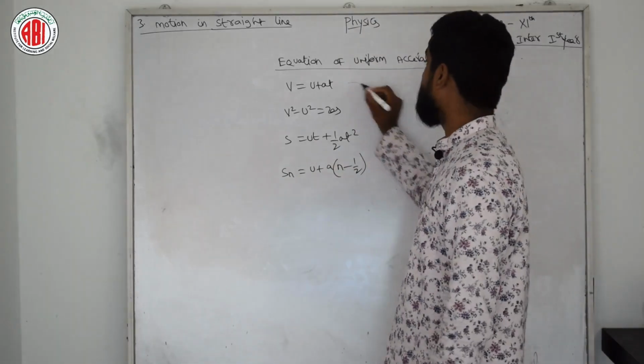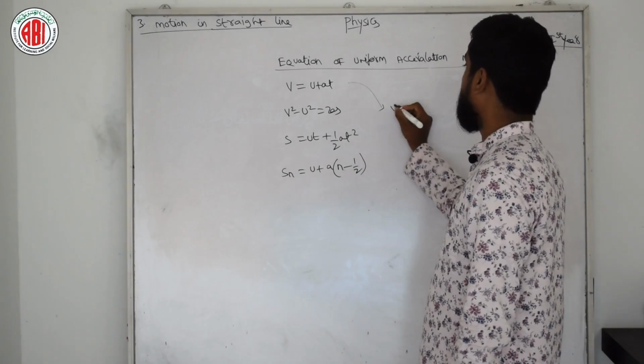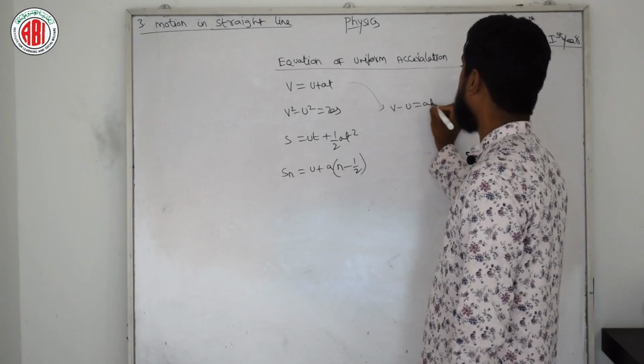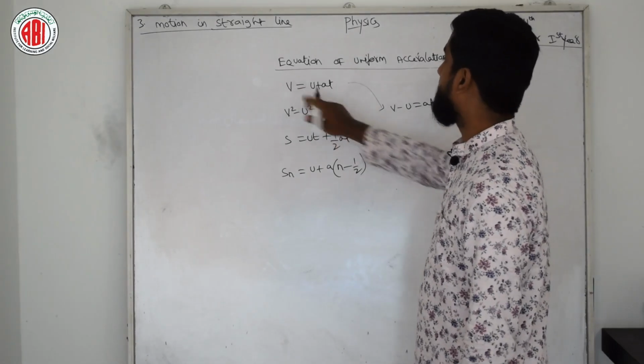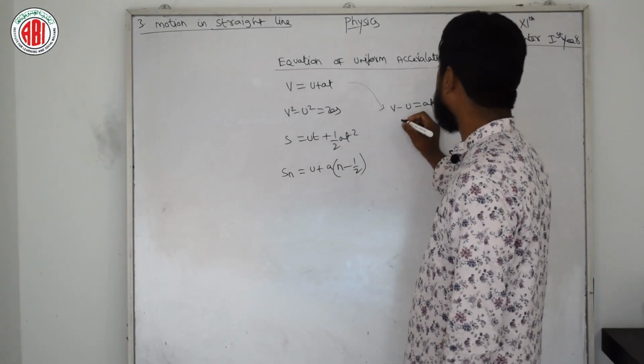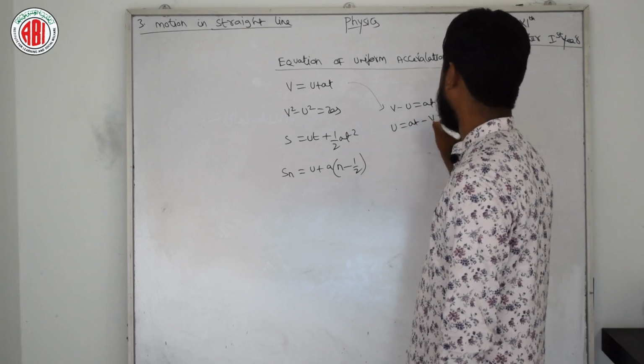I can write these equations in other forms also. You can see v − u = at. If I want it in terms of u, I will write u = v − at.